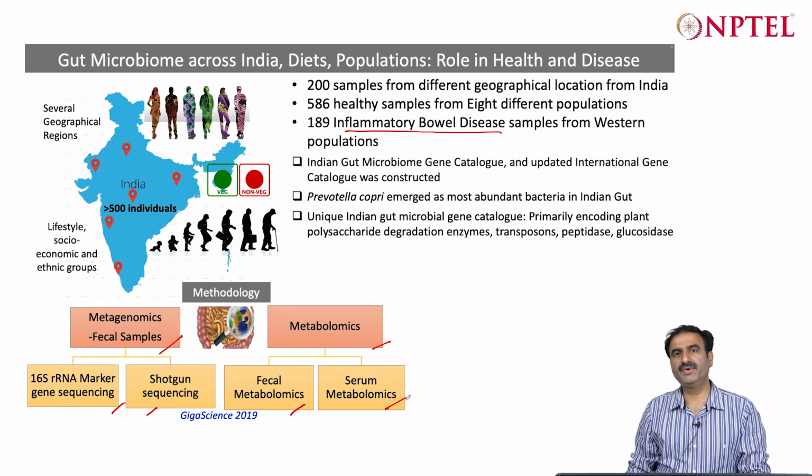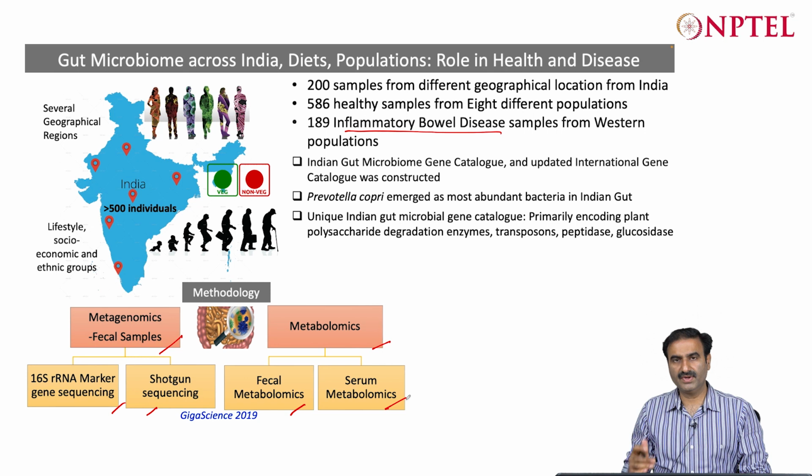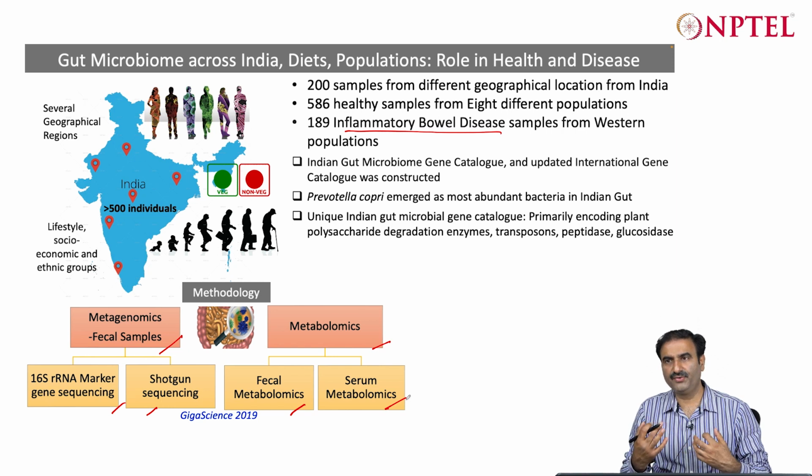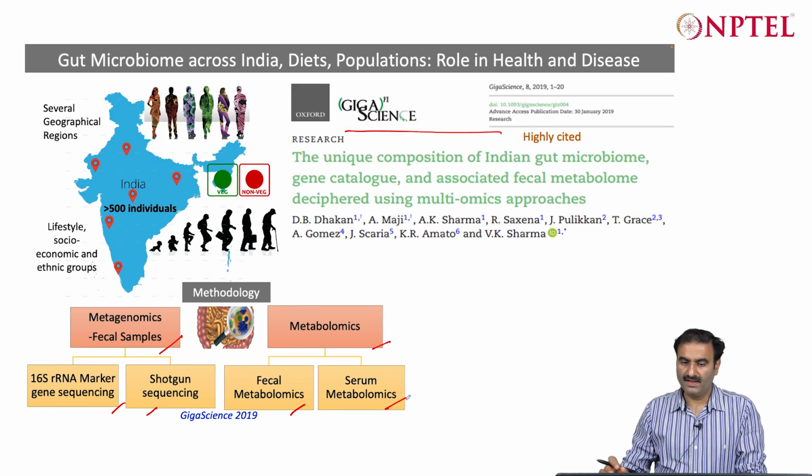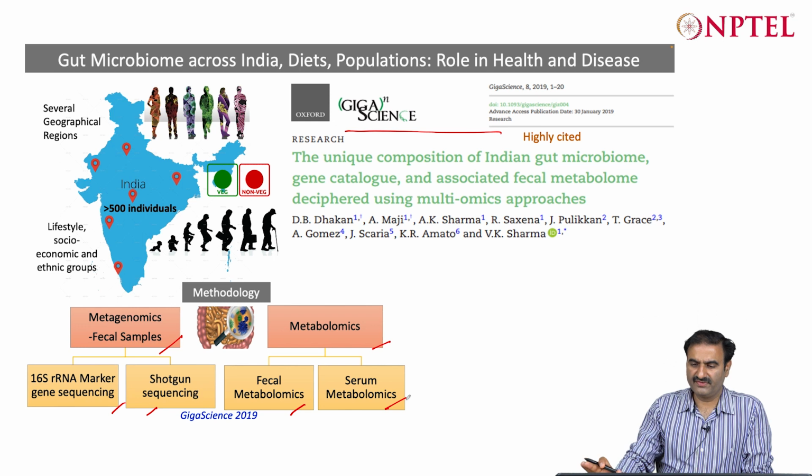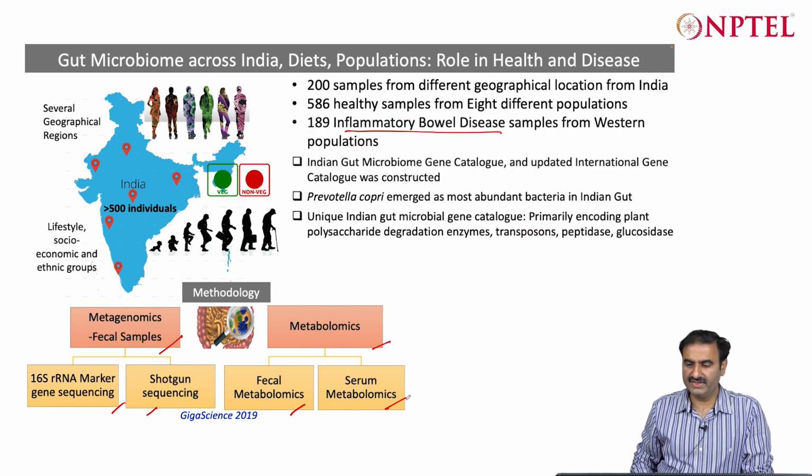And serum metabolome, because the metabolites which are absorbed by the host are in the serum. Studying them can help you correlate the action of microbes and the role of host, what has been absorbed and what is excreted out, and tells you the total picture of metabolism in a healthy individual, and also when you compare with a diseased individual. And this is the paper that refers to this research.